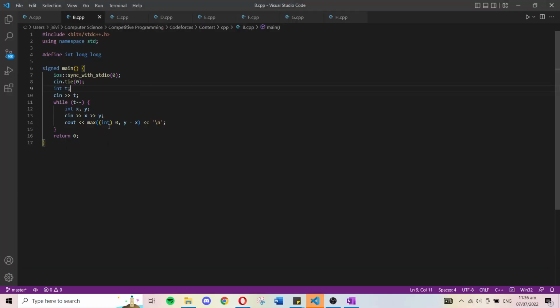The easiest implementation for that is just to take the maximum of 0 and Y minus X. So this can never be negative, because it always checks if 0 is the maximum. I provided it here because I had a convention to use int as long long with a sign made.